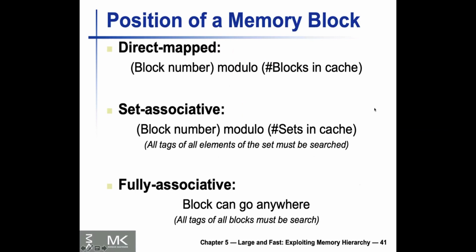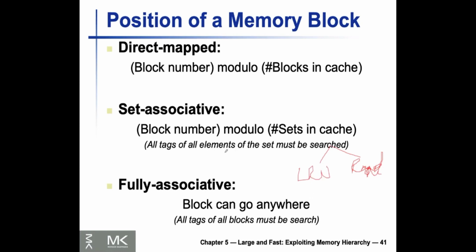And just today we talked about the position. So in order to find a position, you already know that you have to get a mod of block number with the number of blocks for the direct map, and for the set, you just have to do a mod of block number to the number of sets, and you're going to see all tags of all the elements must be searched inside. So that would open up the replacement policy, either random, rand, or least recently used, right?